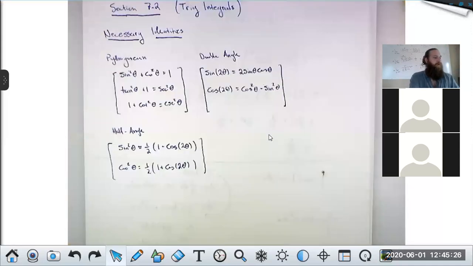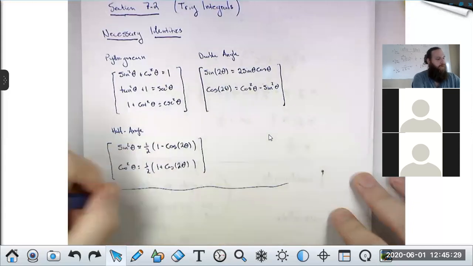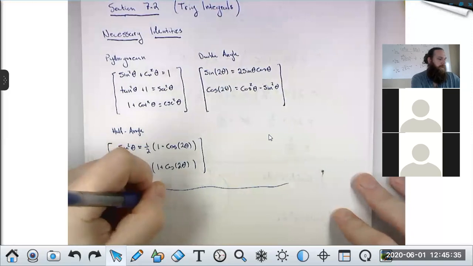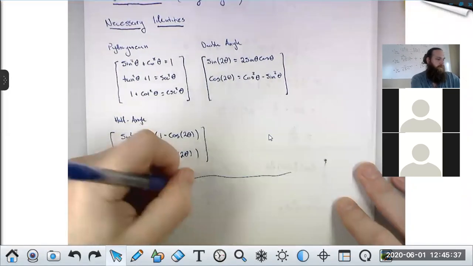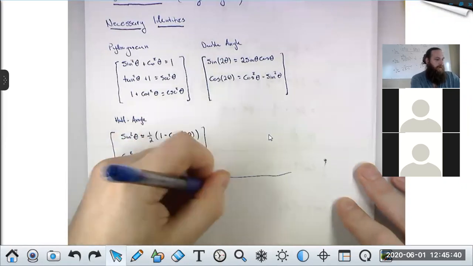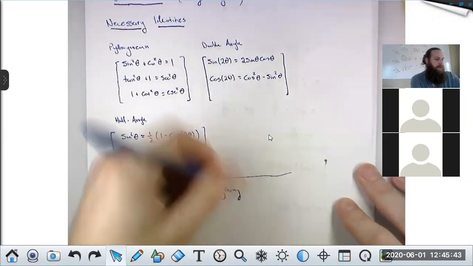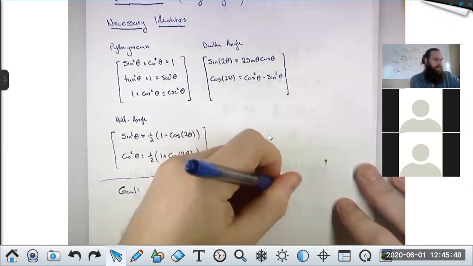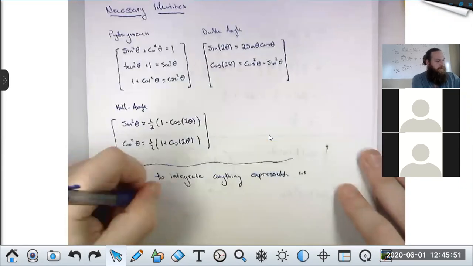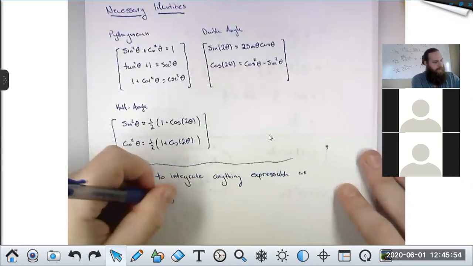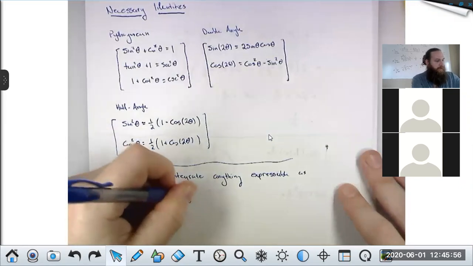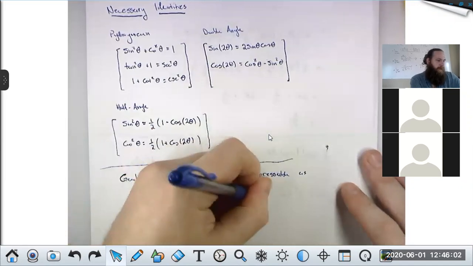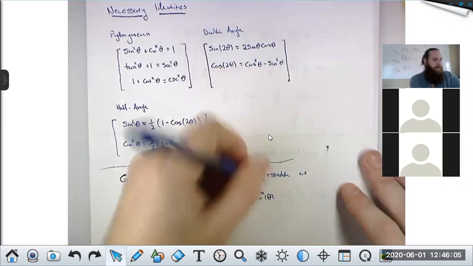So the main thing we're going after, our goal, is to be able to integrate anything expressible as a power of sine times a power of cosine, and a power of tangent times a power of secant.